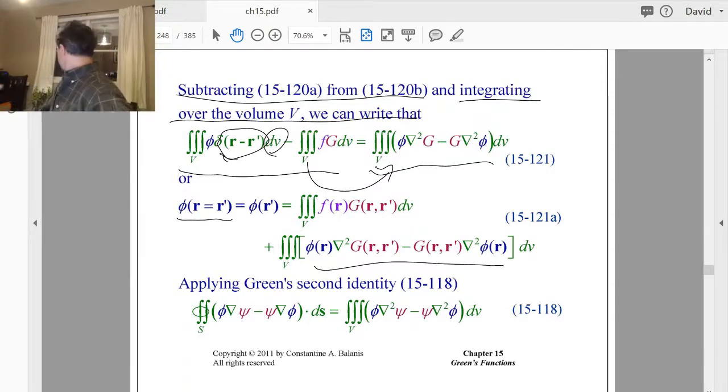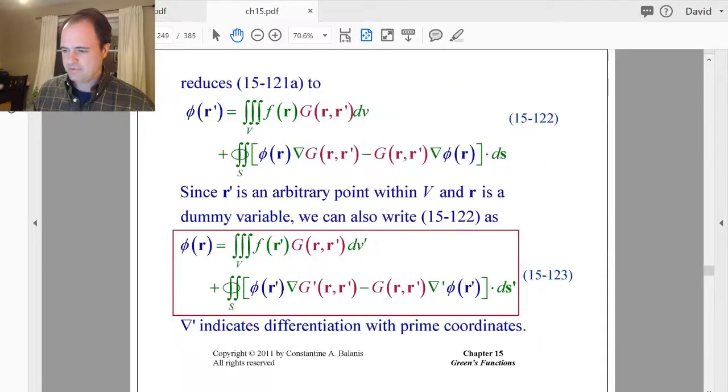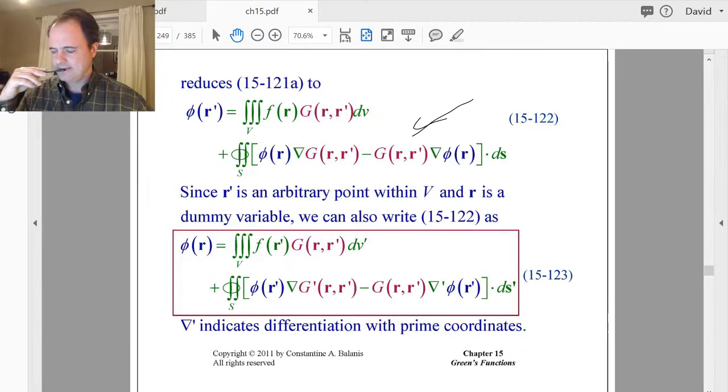And so now we use Green's second identity to say what this is right here, and so we replace that.